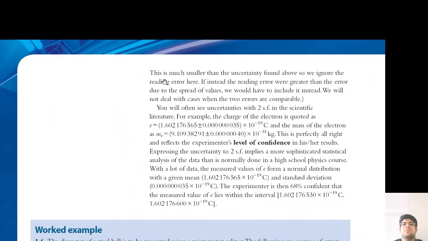This is much smaller than the uncertainty found above, so we ignore the reading error here. If instead the reading error were greater than the error due to the spread of the values, we would have to include it. Instead, we will not deal with cases when the two errors are comparable.